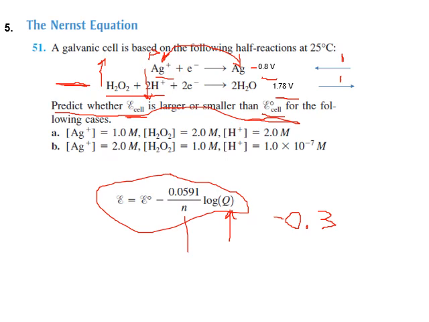So we're going to end up with whatever the original voltage was, which was about 1. So this was originally going to be about 1. n is 1, so we're going to wind up with 0.3 times 0.0591.